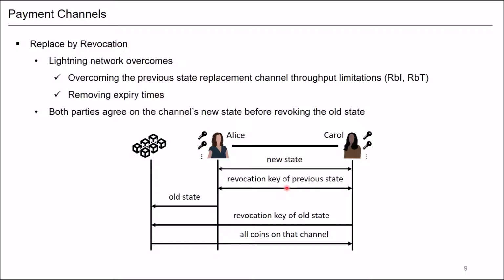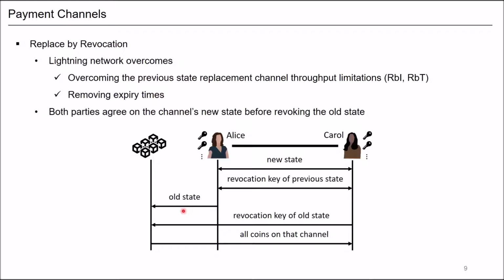A penalty mechanism discourages parties from broadcasting older states. If one party broadcasts a revoked state like this, the blockchain accepts, within a time window, proofs of malfeasance from the other party.